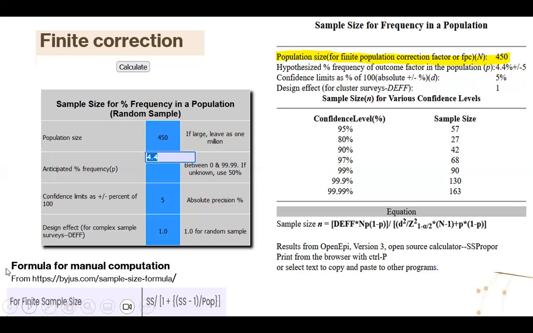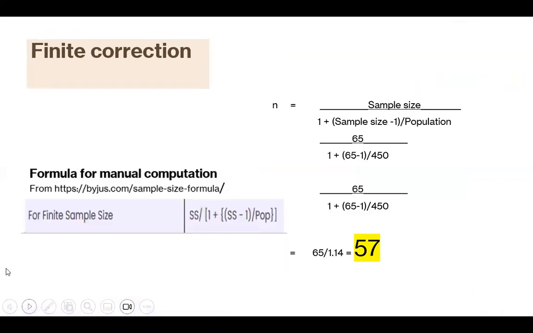And doing this manually, this is the formula that you use if you want to practice. So let's try this one. For finite sample size, we use the formula sample size all over 1 plus sample size minus 1 over population.